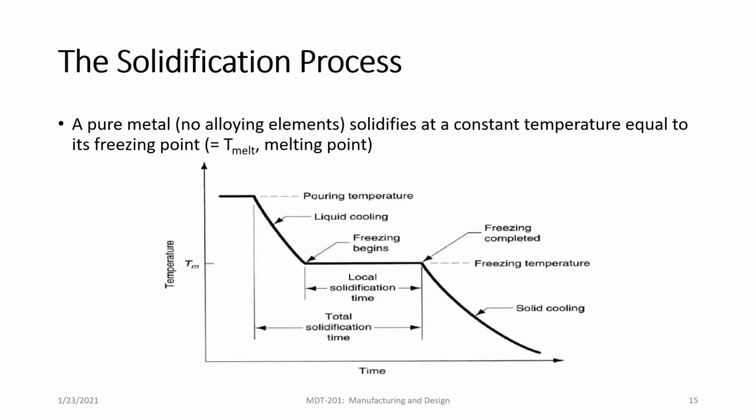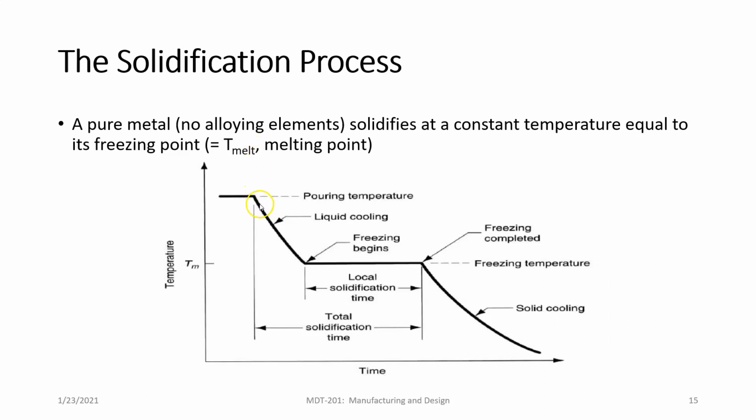Now, as soon as we take our liquid metal from our vessel, our crucible, and we start to pour it into the mold, it's going to start to cool, right? It's going to be hit with the outside air temperature, maybe the temperature of the mold, whatever. It's going to start to cool right away. Okay, so this is that cooling process.